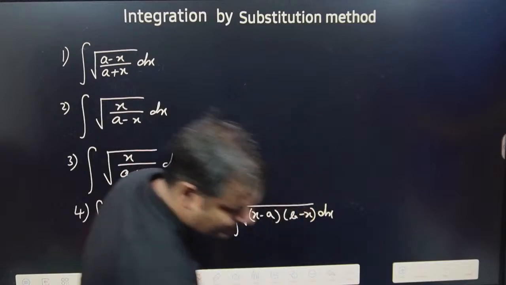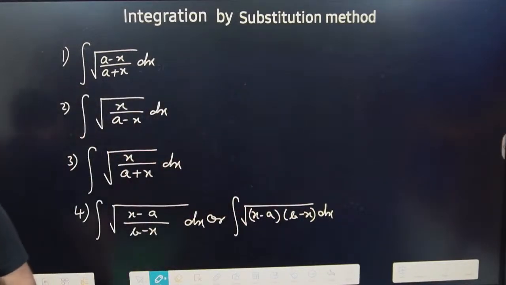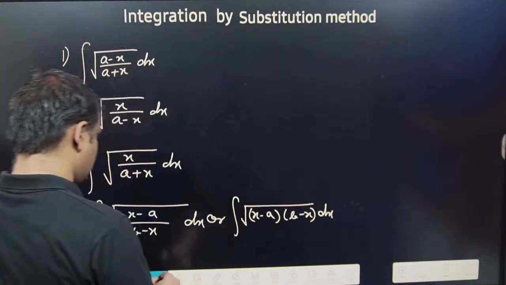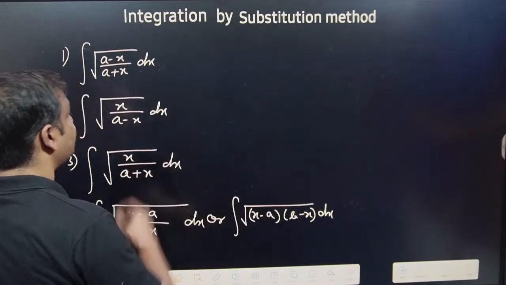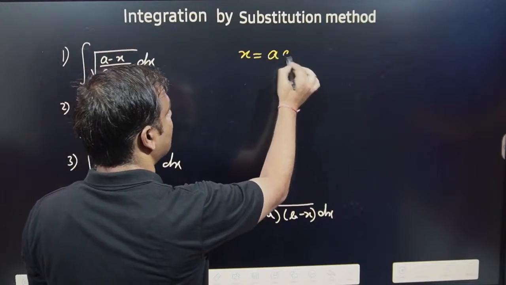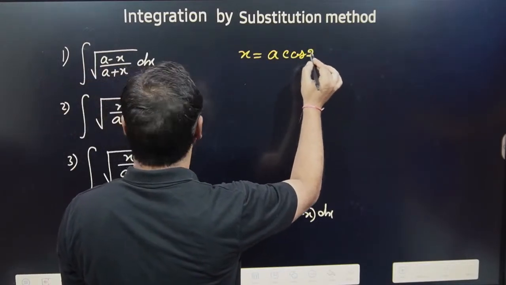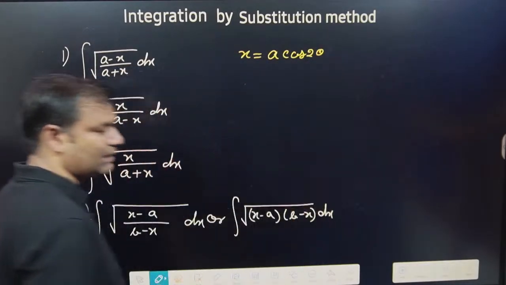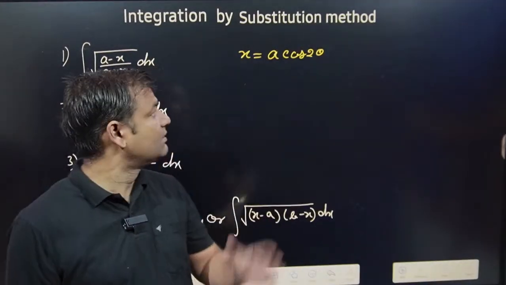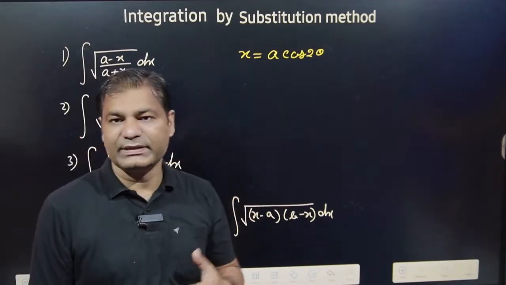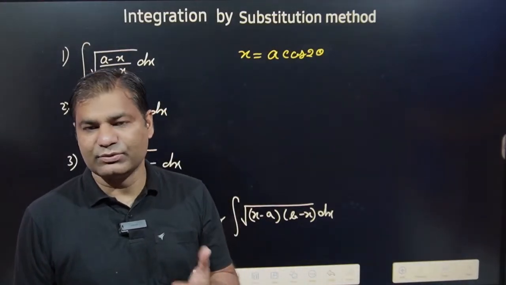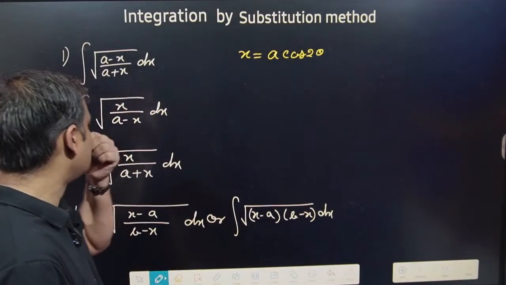Then how can we solve this type of problem? Okay. For simplicity, in this part consider x equal to a cos 2 theta. After that dx is replaced, dx is equal to minus 2a sin 2 theta d theta. Okay.